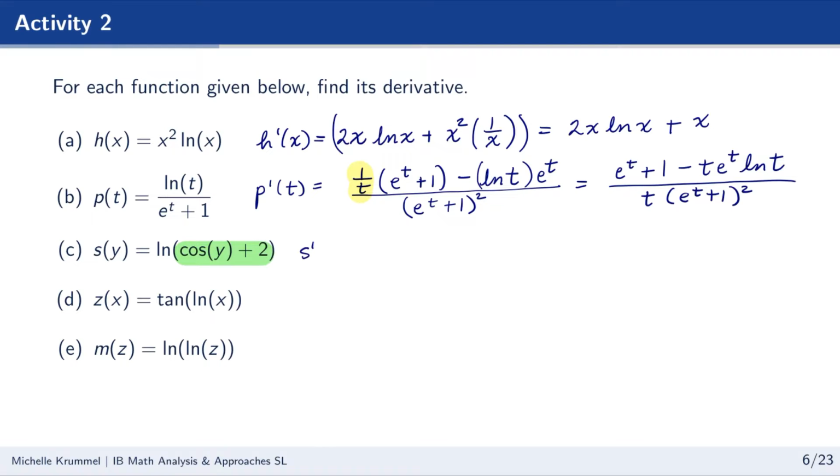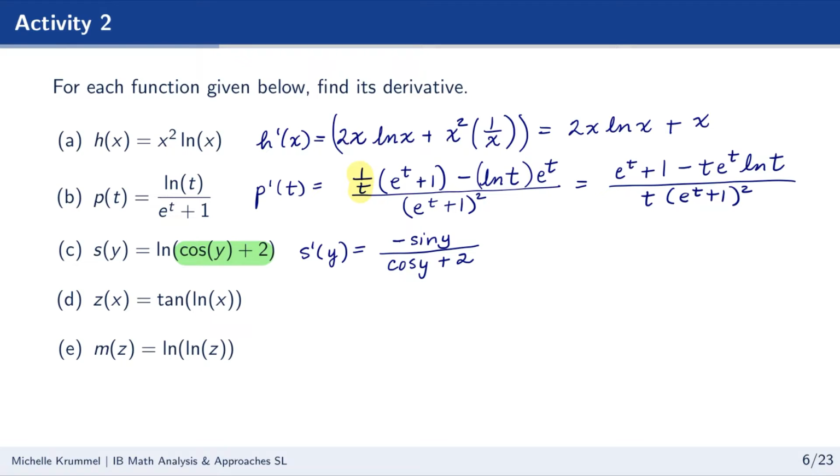So s prime of y equals the derivative of the natural log of stuff is 1 over the stuff times the derivative of the stuff. So the derivative of cosine y plus 2 is negative sine y. And that would be our final answer.